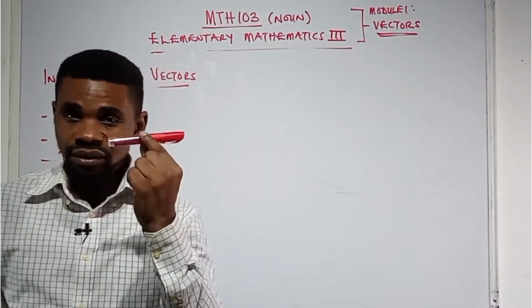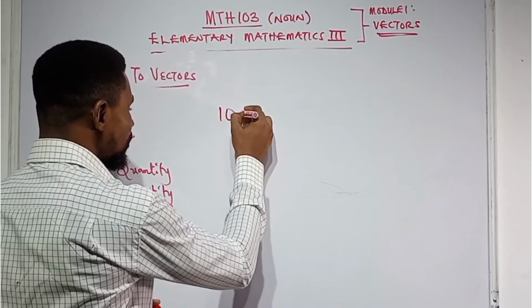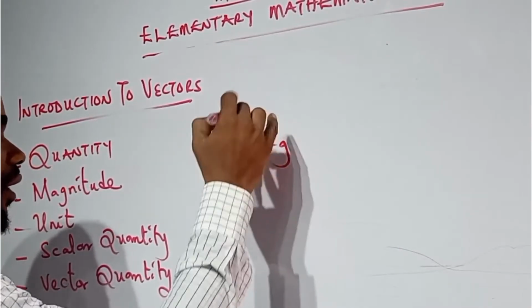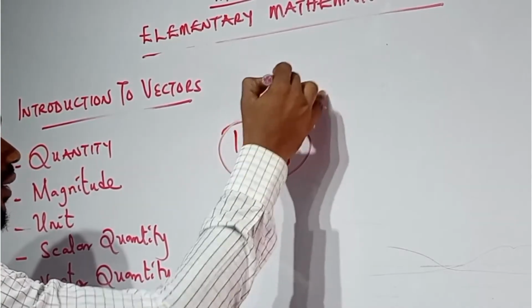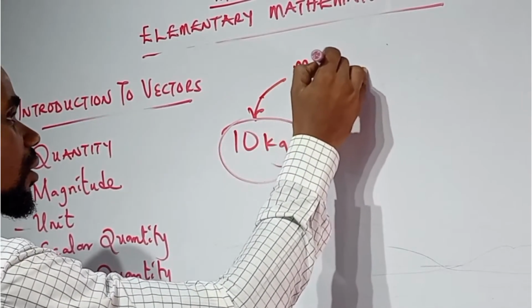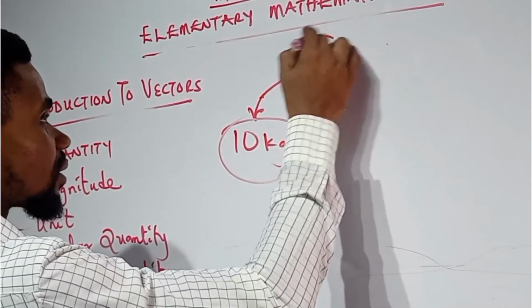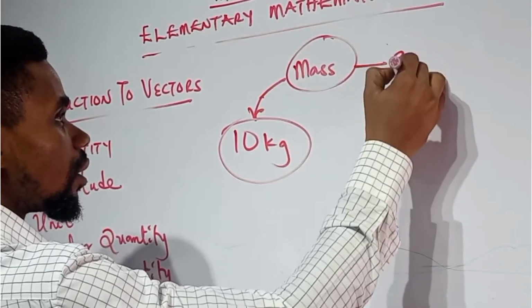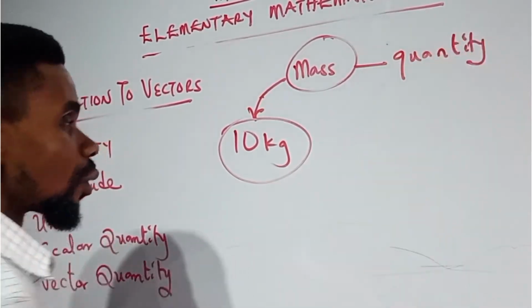So this biro weighs 10 kilogram. What did I measure? I took the measurement of the mass of that biro. This mass is what we call a quantity. The mass of the biro is a quantity.